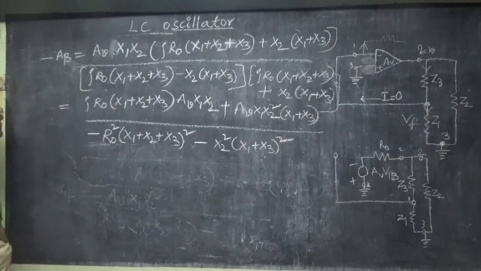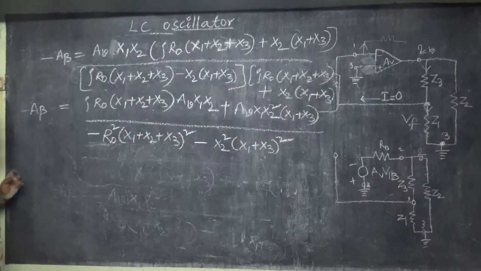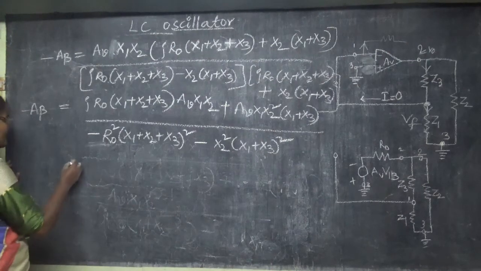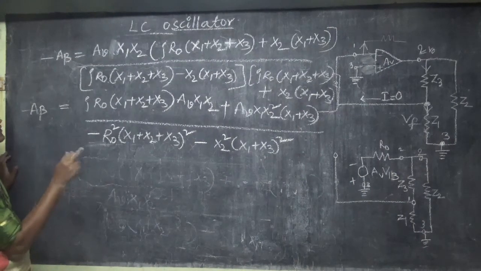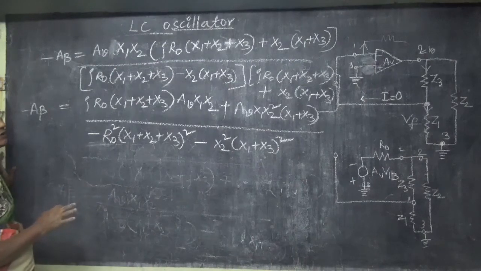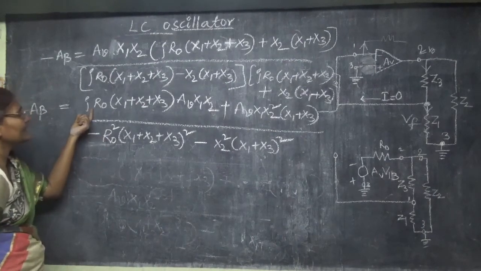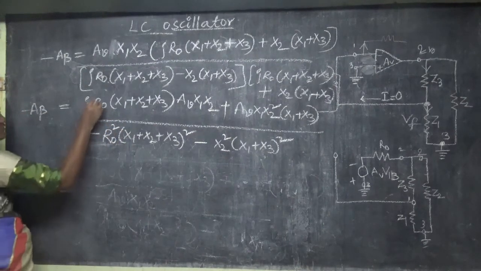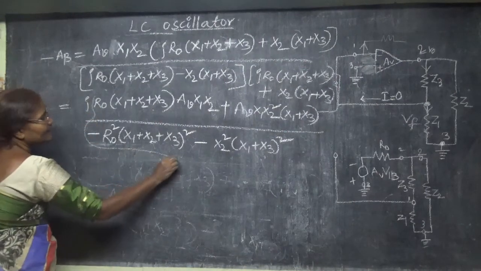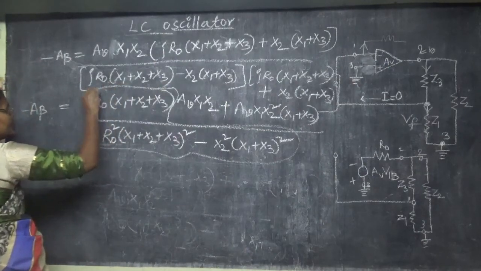So this is the equation I get. So what is my imaginary part then? To find this, the phase shift of the loop should be equal to 0. When is the phase shift going to be 0? When the j quantity, imaginary quantity, is going to be 0. So this quantity is going to be 0.